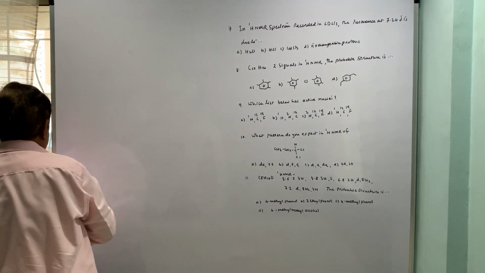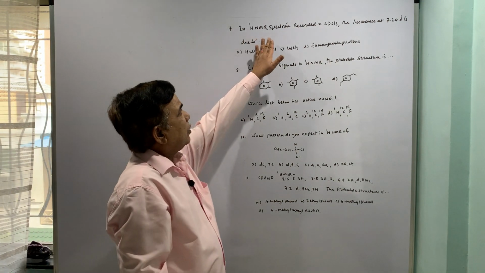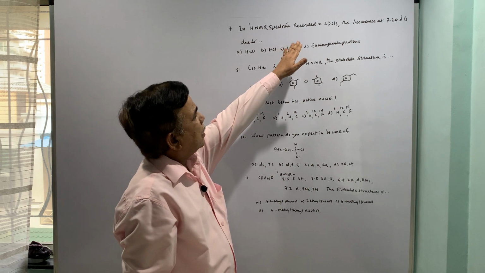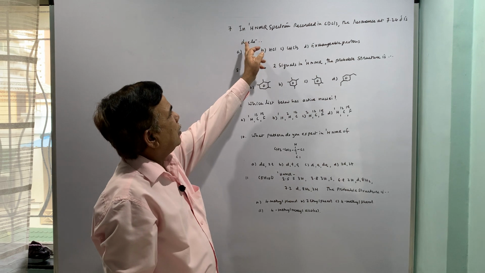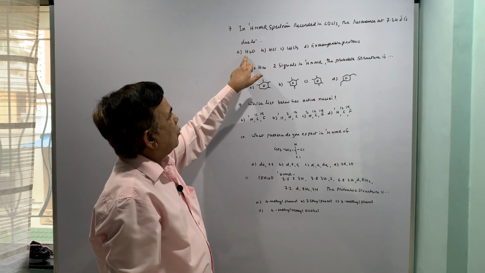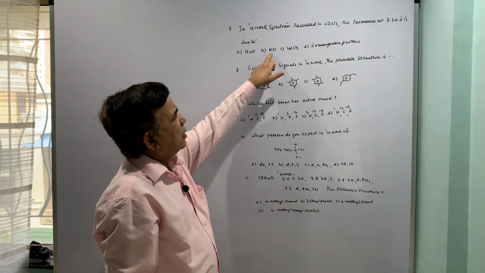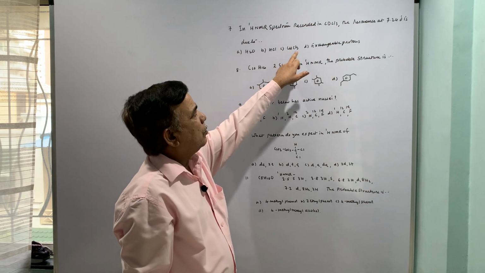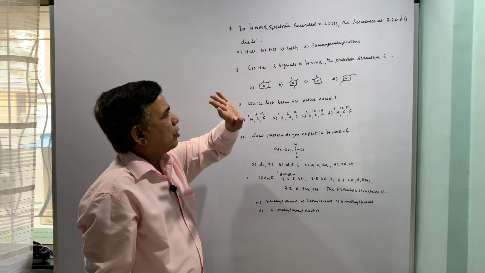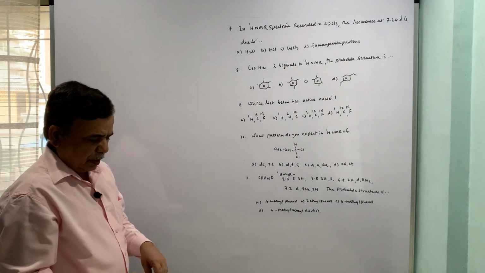Coming back to that question, in the proton NMR spectrum recorded in CDCl3, the resonance at 7.24 is due to water, trace of HCl, trace of chloroform, or exchangeable protons which are present in it. The correct option is trace of chloroform.